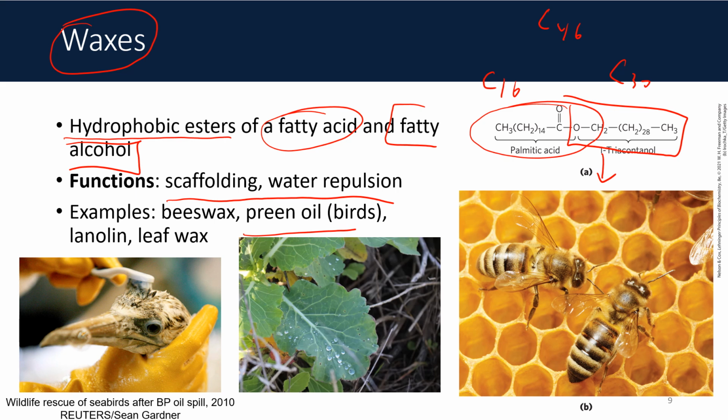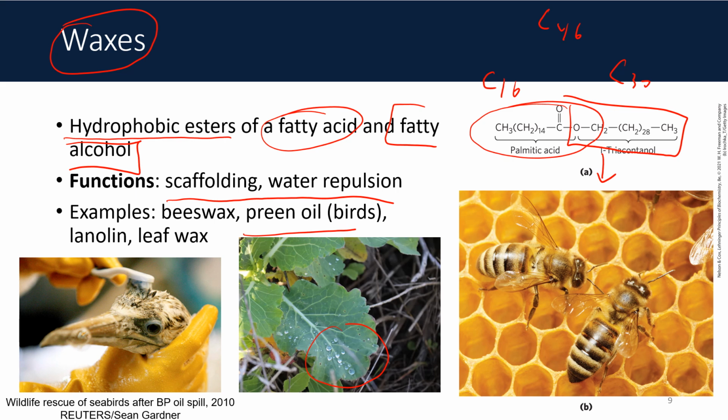We also see waxes in the plants, for example. If you ever washed leaves of a salad or lettuce, spinach, you may notice that the water beads on the leaf like so. And that's because they're often coated in a waxy material. And there's a benefit to that as well, and it has to do with mitigating water weight.